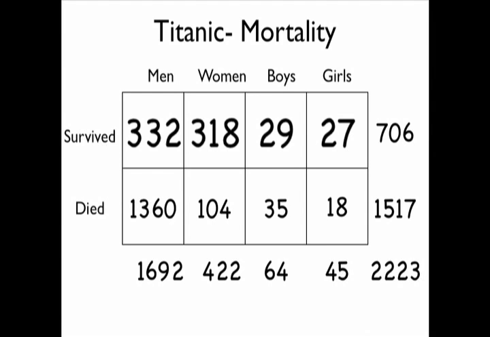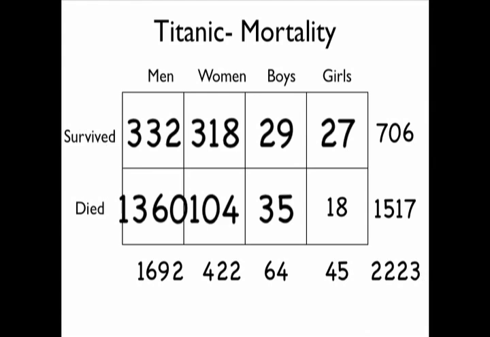There were 706 survivors aboard the Titanic. 1,360 men died. 104 women died. 35 boys died. 18 girls died. 1,517 passengers died. If you take the 706 and the 1,517 added together, it reveals that 2,223 passengers were aboard the Titanic.